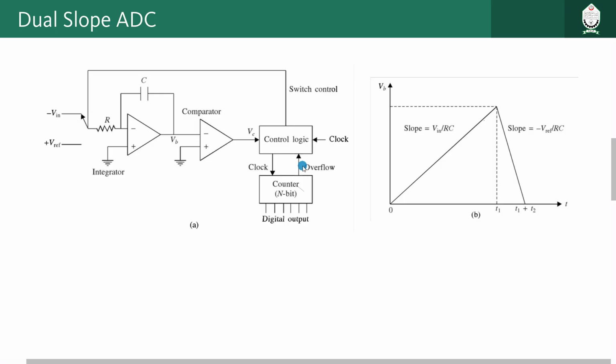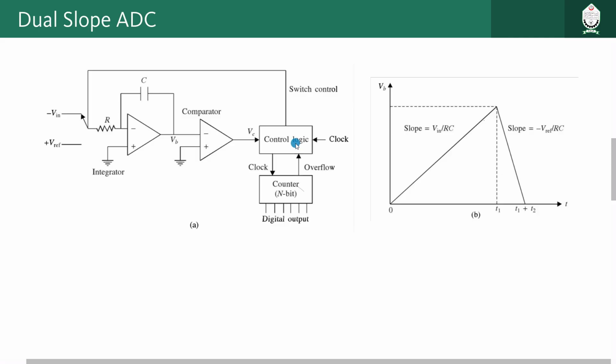So what is that? Each counter has a maximum value up to which it can count. For a 3-bit counter, that maximum value is 111. Whenever we reach that maximum value, that is the overflow for that counter, and the counter can sense that it has reached its maximum value. At that point it sends an overflow signal to the control logic, so that the control logic can make some decisions and send some signal based on that situation, right?